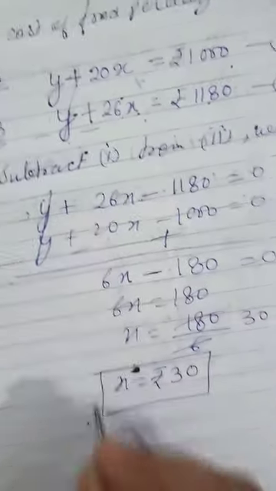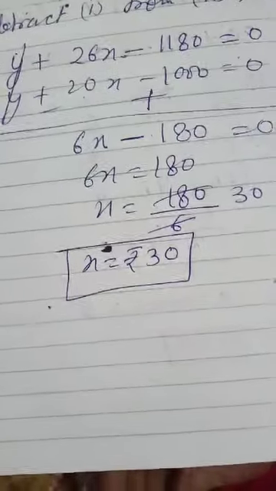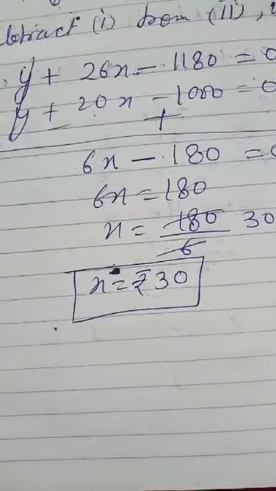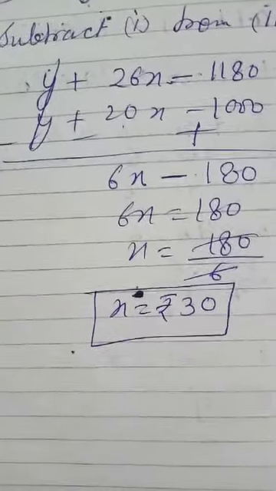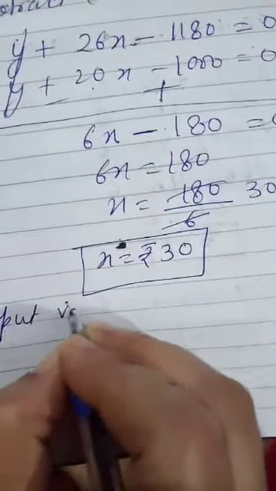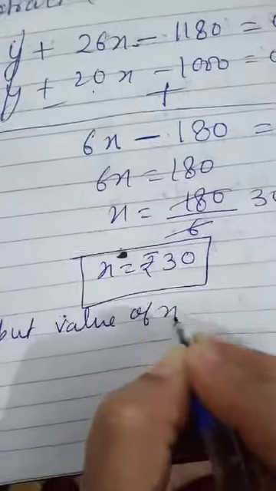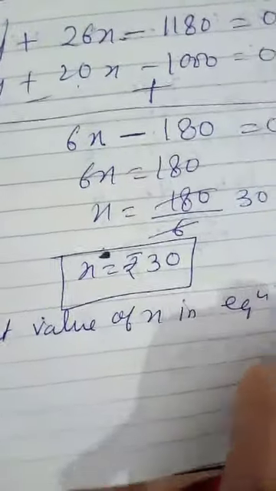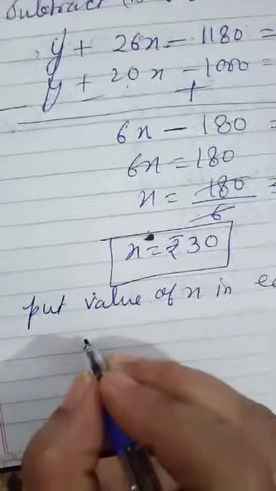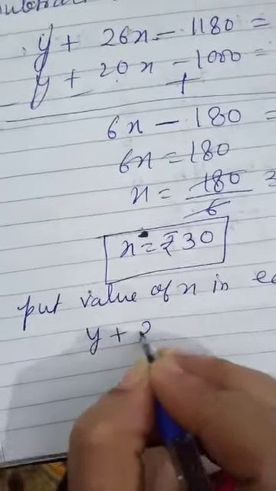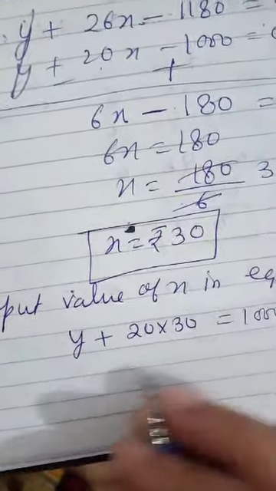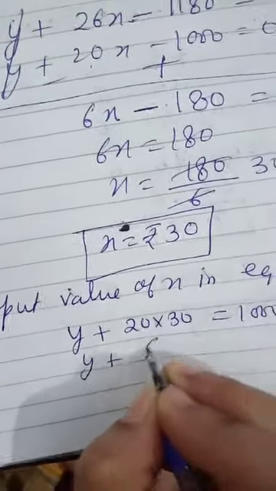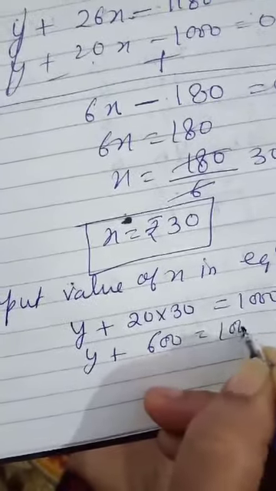Per day food की cost. It was cost of food per day. अब हमें monthly price निकालना है तो हम किसी भी एक में रख के निकाल सकते हैं. So substitute and put value of x in equation first. Equation first में y हमें निकालना है, 20 days और per day की cost 30 rupees आ गई. 1000 उसने pay किया तो y plus 20 into 30 is 600, is equal to 1000.